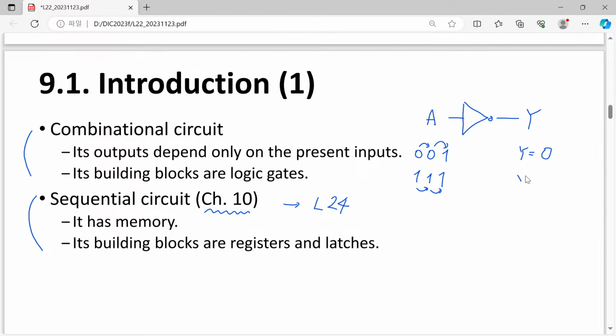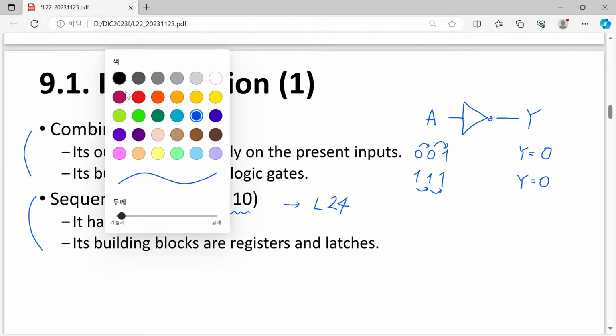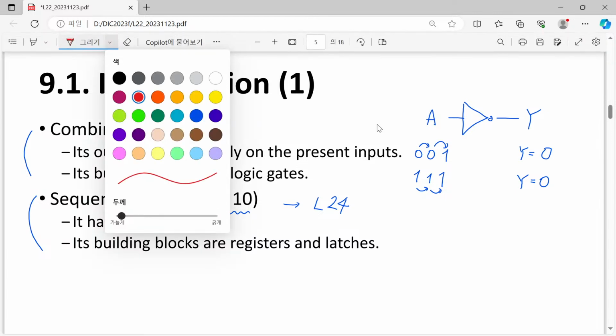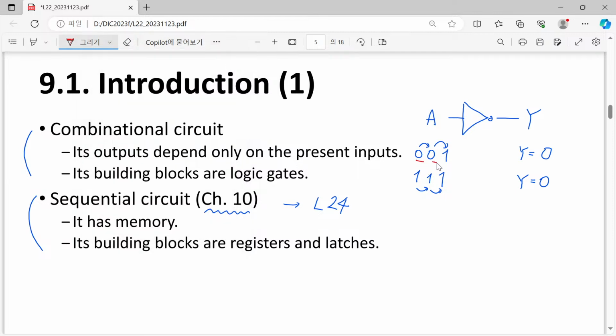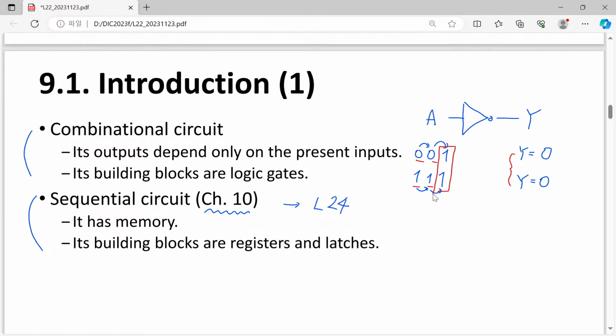What will be your answer? It will be again 0. Whether you have previously some values like 0, 0, or 1, 1 doesn't make any difference when you have the present output value. Your output is always dependent on the present value of your input variables. That is quite easy to understand.